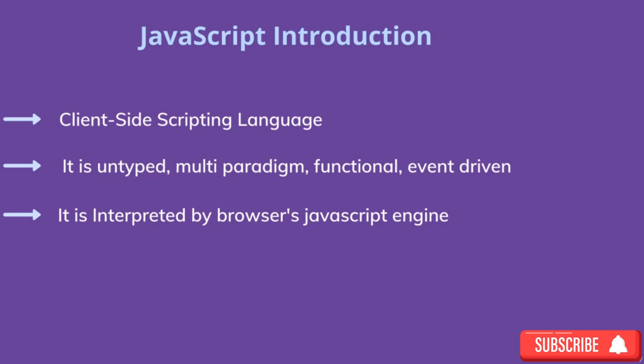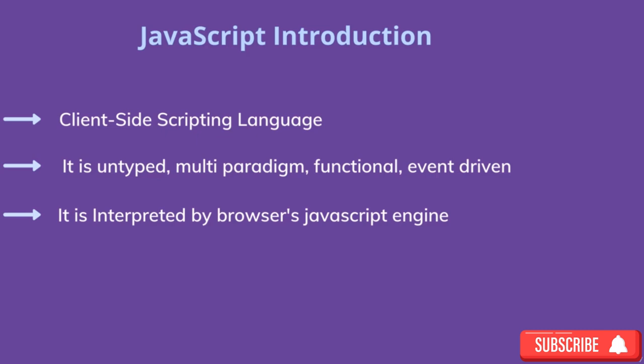So we will have to take care manually of which type of data we are going to manipulate. Apart from that, it is multi-paradigm, means you can do various kinds of website development related to JavaScript. Nowadays, JavaScript is also a backbone of so many different technologies like jQuery, AngularJS, Node.js, and so many JS-like technologies you may be hearing nowadays.